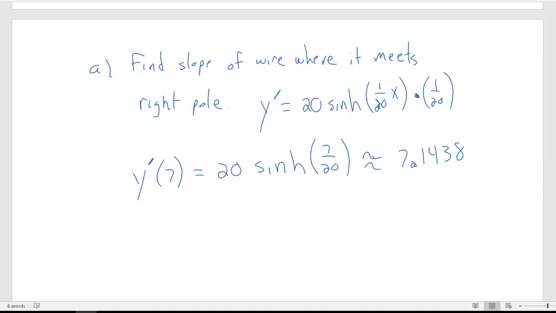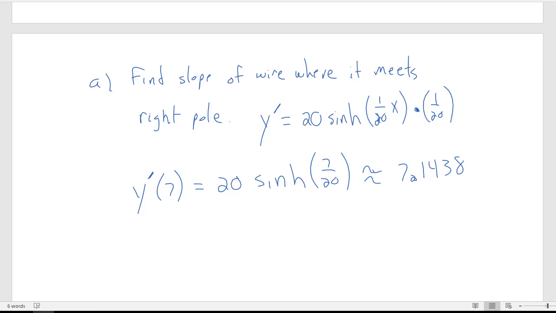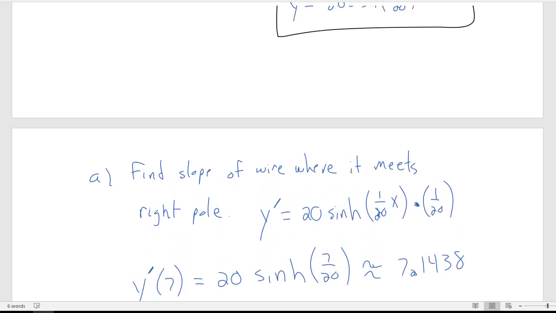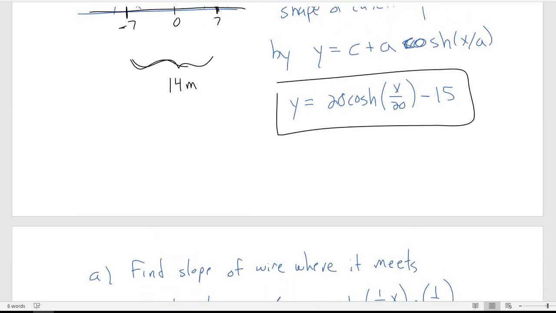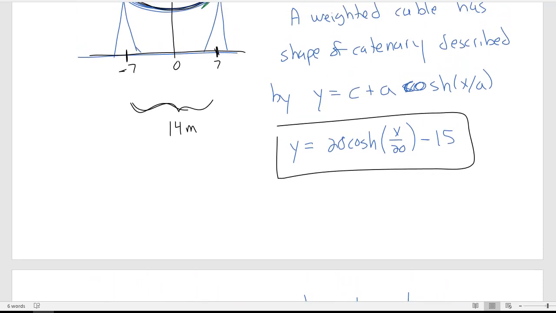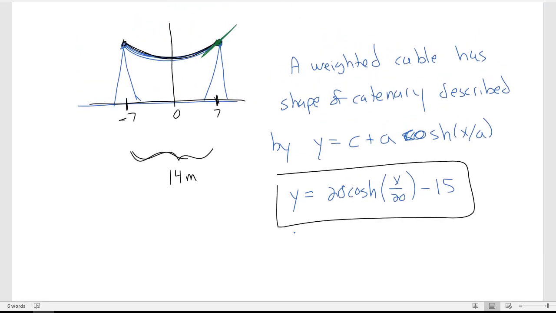All right, now something I left off because I was trying to rush and not have this video be too long. Let's come back to the wording of this problem that's presented to us, and let's add some actual units of measure. I had talked about 14 meters being the distance between the poles.